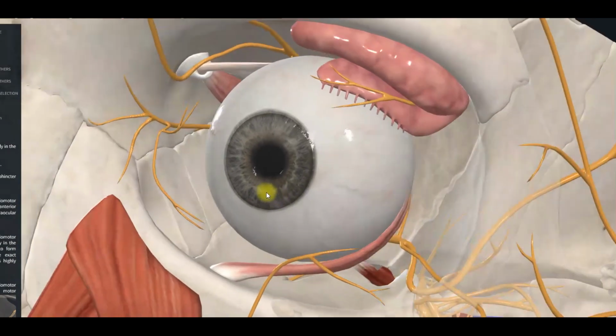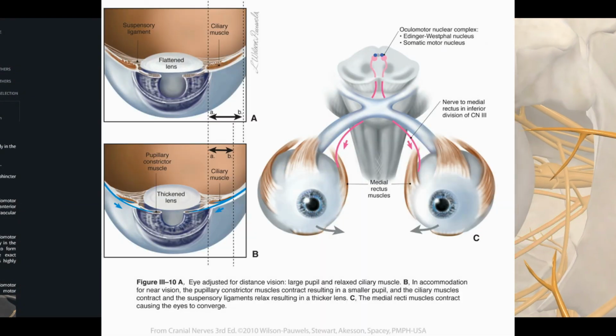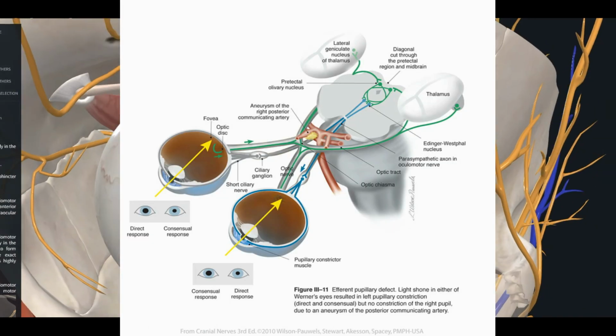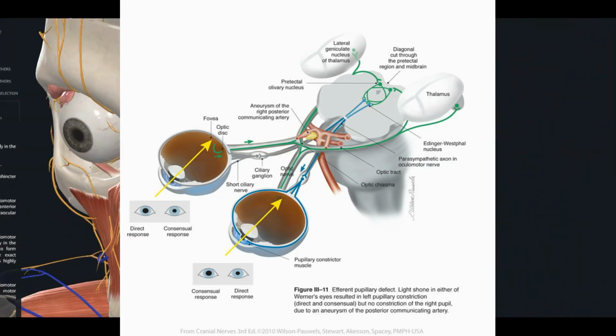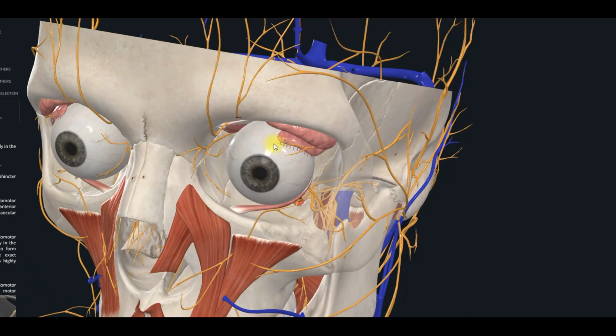Also, the inferior branch passes through the ciliary ganglion to supply the ciliary body and iris, to provide the reaction of the pupil to light and the accommodation reflexes.